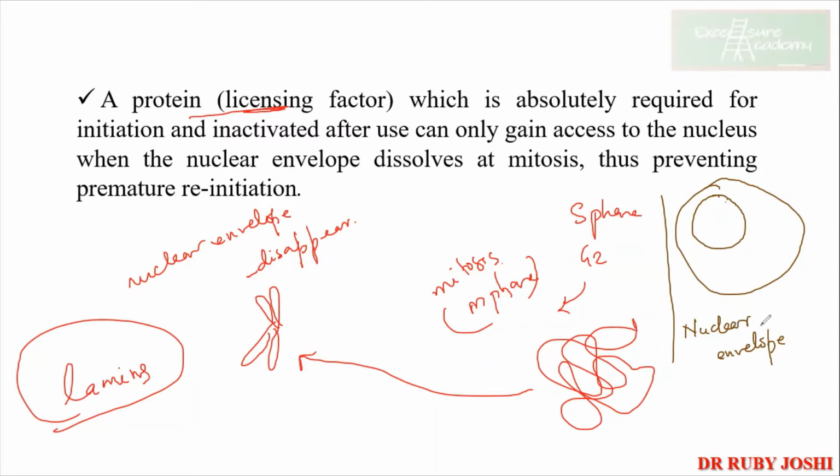So mitochondria has got double layer of plasma membrane, chloroplast has got double inner and outer plasma membrane, right? In the same way, nucleus is also having a double, right? Now, below this envelope, there are proteins called lamins.